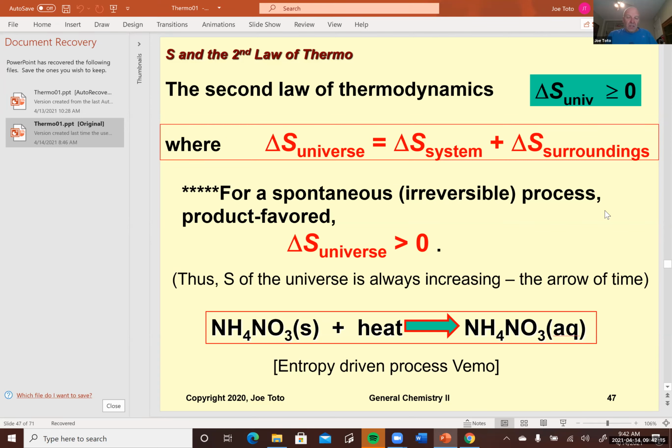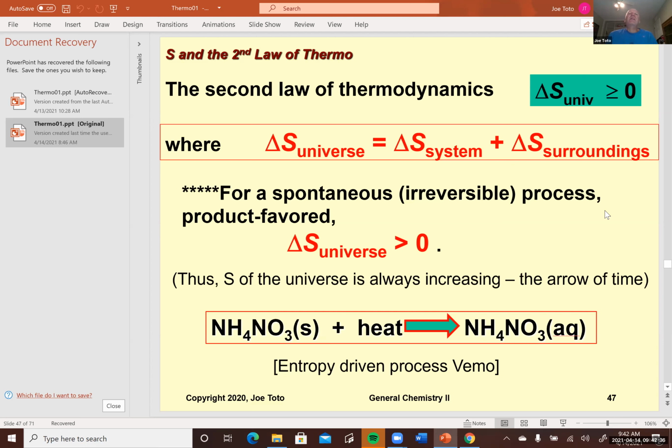Now, if we look at a process and we would predict that there would be a decrease in entropy, what does that mean? Does anybody want to take a stab at that?